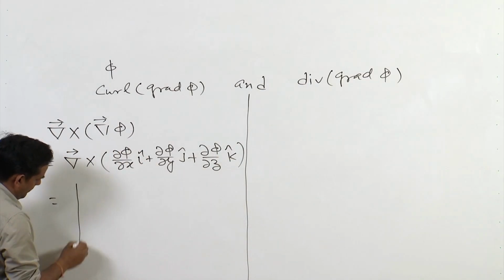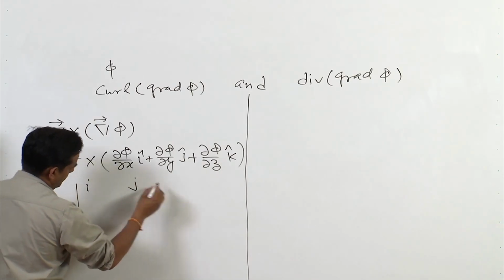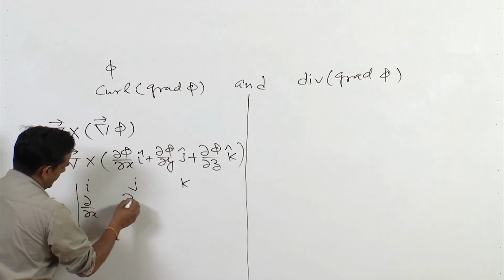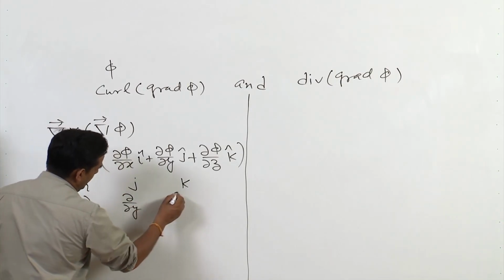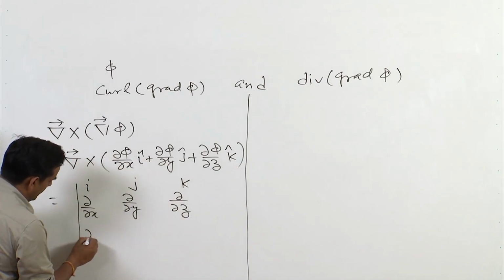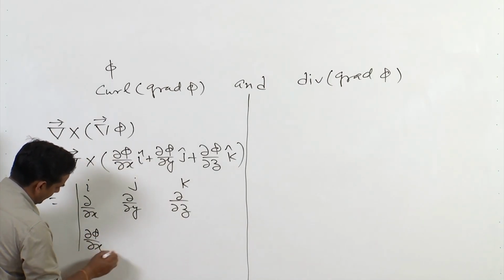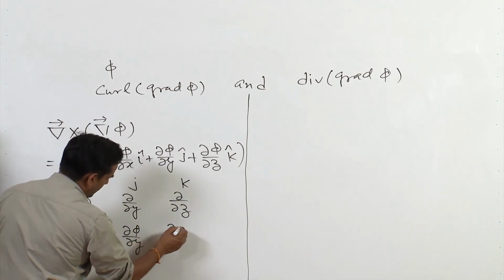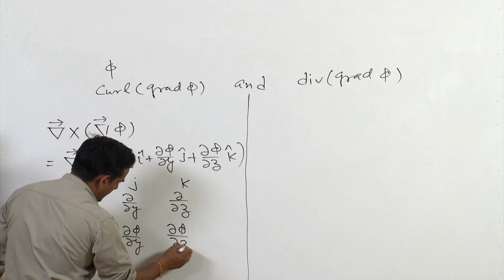So this becomes the determinant with i, j, k, del by del x, del by del y, del by del z, and then del phi over del x, del phi over del y, del phi over del z.